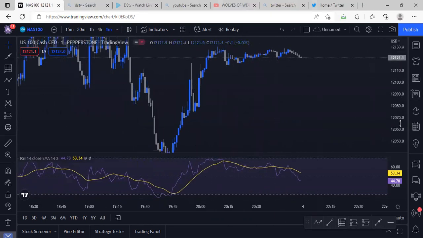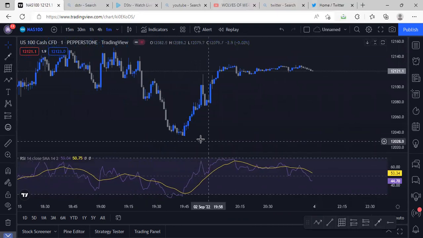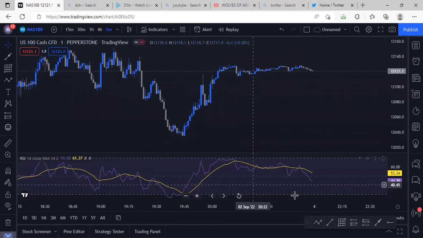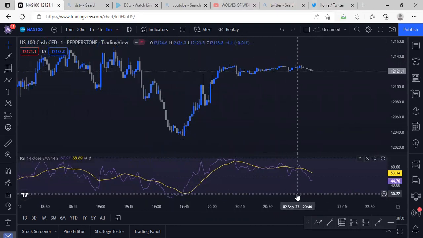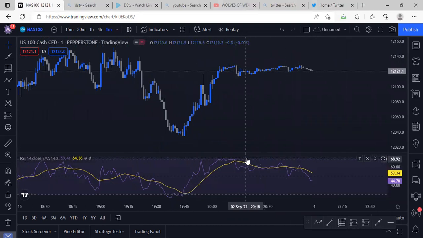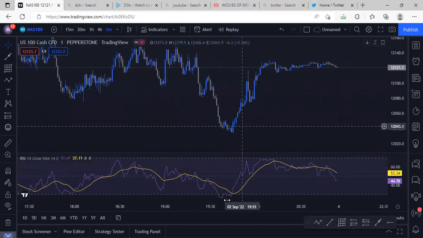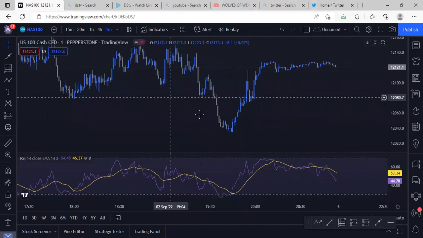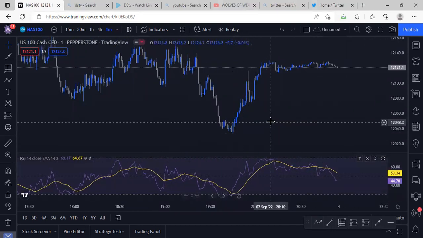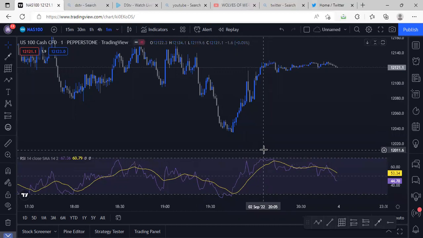But to just explain a little bit, as you can see, you know how RSI works, guys. The 30 level is the lower one, and the 70 level is the highest one, and the 50 is in the middle. Okay, so on the 1 minute time frame, what you need to do is to wait for the RSI to reach the 30 level if you want to buy.